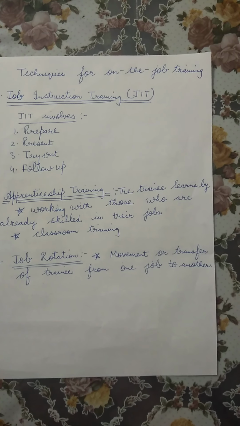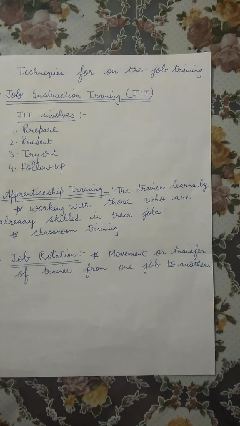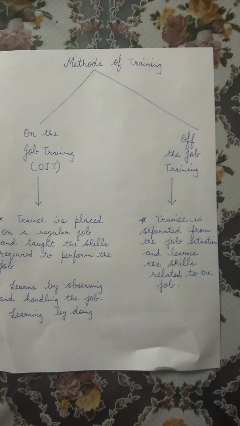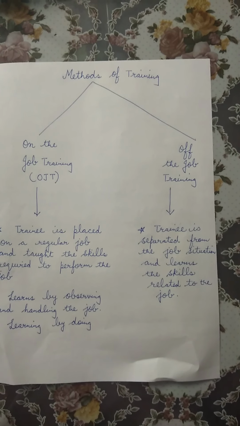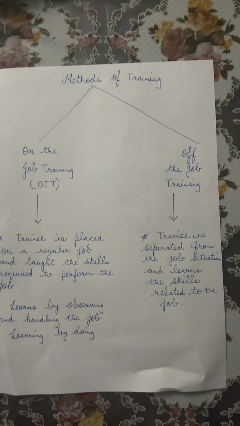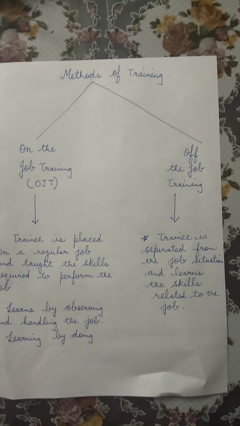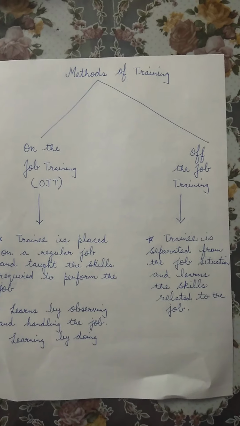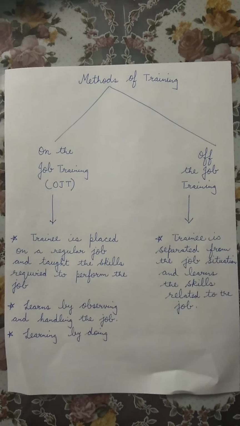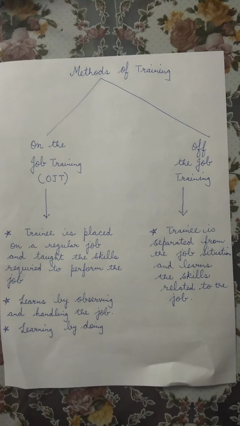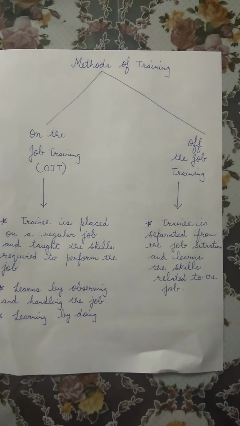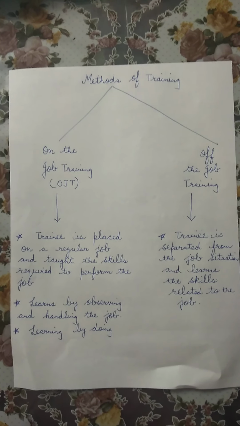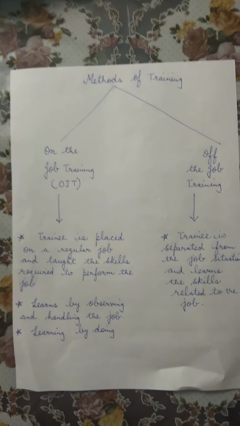Now children, let us talk about the other method of training, that is off-the-job training. In this training method, the trainee is separated from the job situation and learns the skills related to the job outside the working place. That is, either at a training center or in an artificial environment which looks like a working environment.